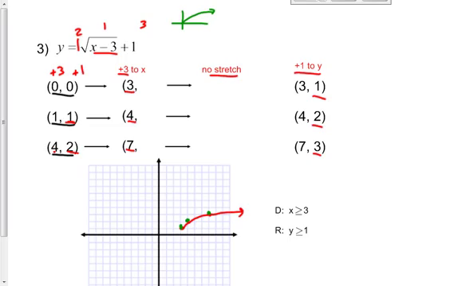My domain, the x values did not start at 0 anymore, we shifted. So I'm starting from this point, which is x greater than or equal to 3. And my range is now no lower than that point right there. Every part of my graph is above the positive 1. So the range is y greater than or equal to 1.